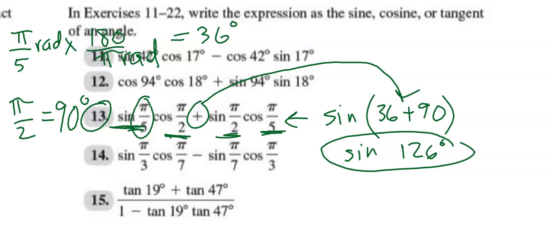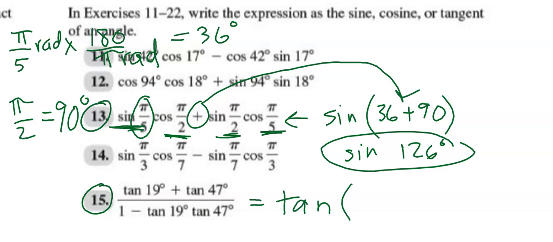It did not ask me to actually find it, folks. They asked me to write it as a sine, a cosine, or a tangent. So, what did you pick on 15? Did you pick a sine, a cosine, or a tangent? Oh, I hope you said tangent. Yes. There's a whole lot of clues there that might tell you that. Okay, so tangent, right?